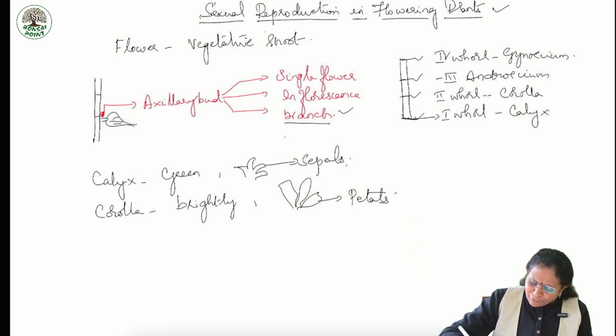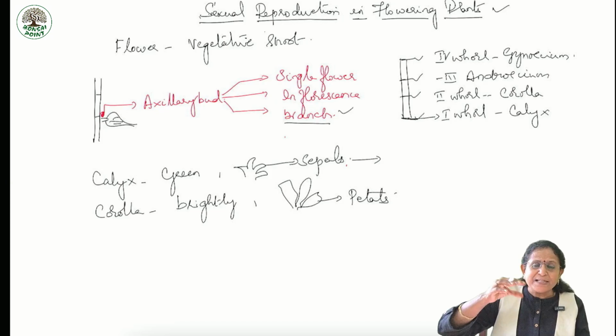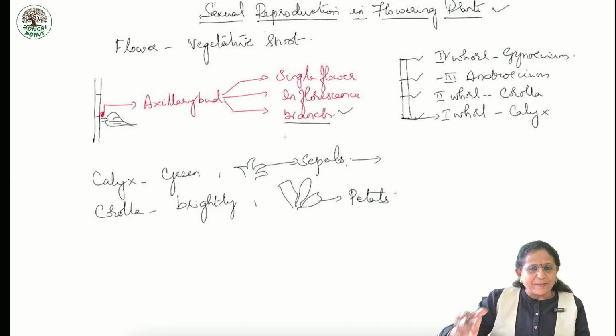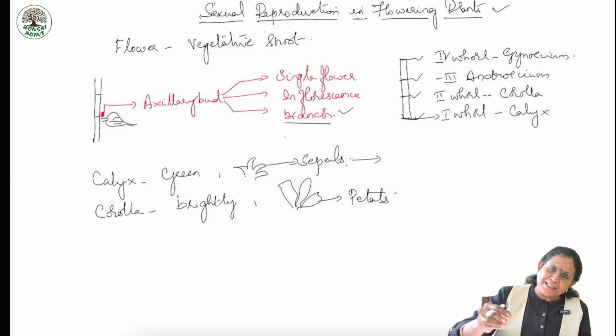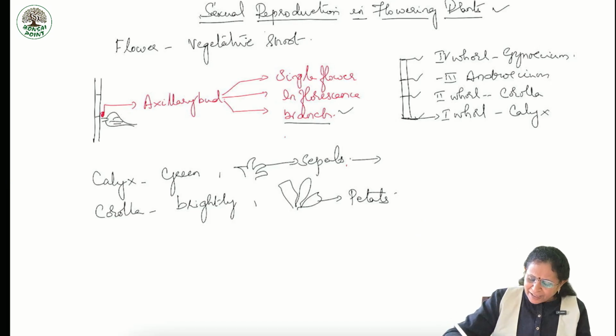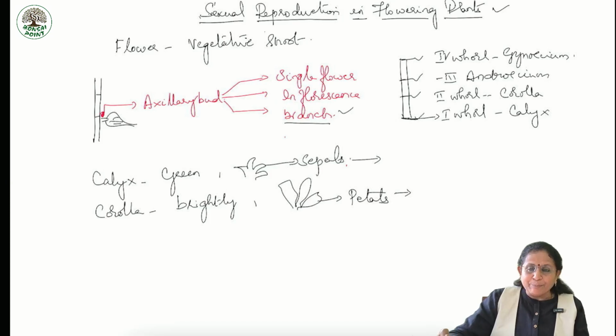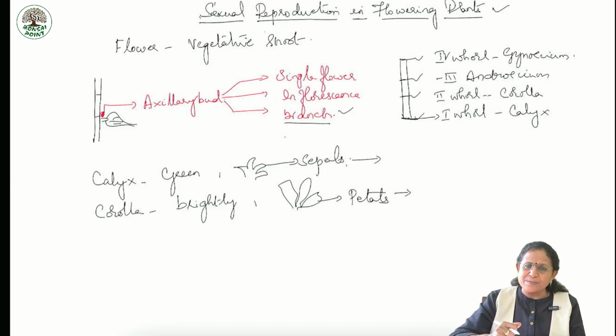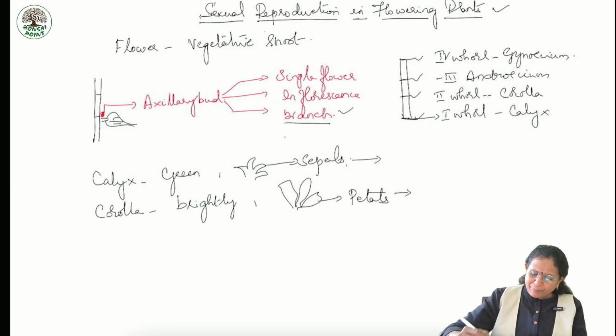What is the function of calyx? It protects the bud or other parts in young condition. It protects the flower when it is in bud condition. Whereas petals are brightly colored, I told you. They attract the insects and help in pollination. But remember, these two do not take part in sexual reproduction.